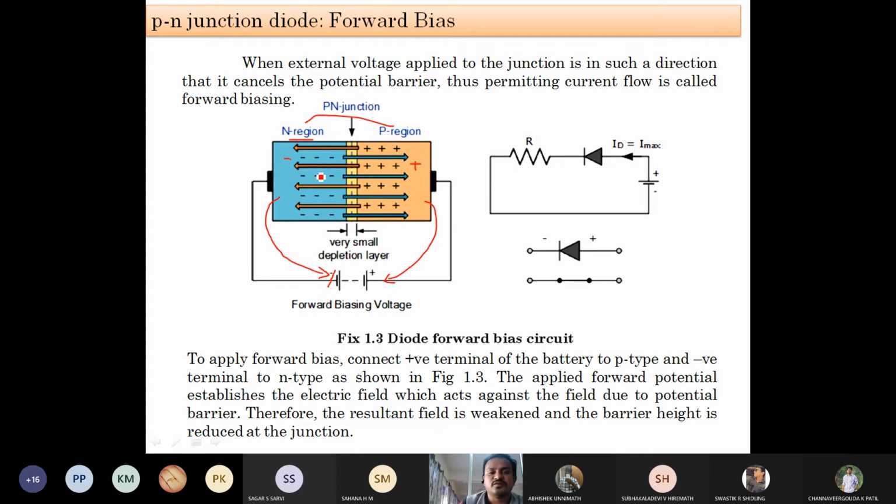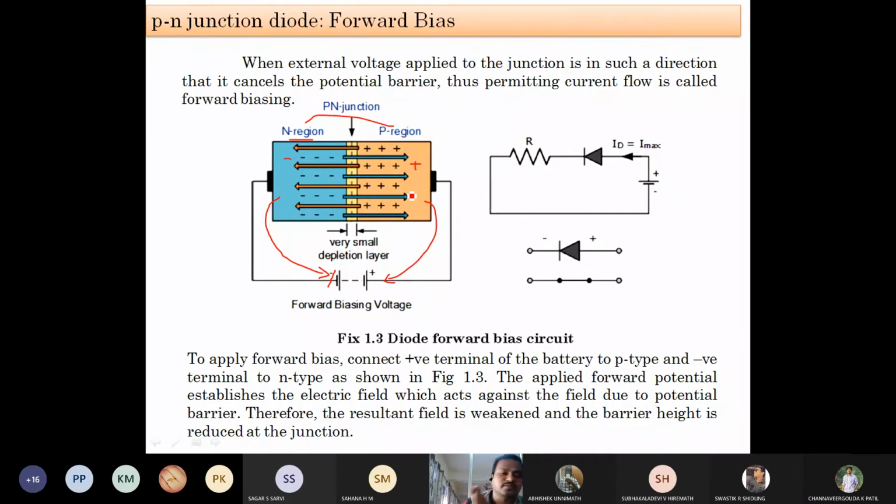So what is the flow phenomenon of electrons? Obviously, they have to cross this barrier, the PN junction, then reach the destination, that is the positive terminal of the battery, through the P type semiconductor material. So this is the flow phenomenon of electrons and holes which are majority in each respective semiconductor material.